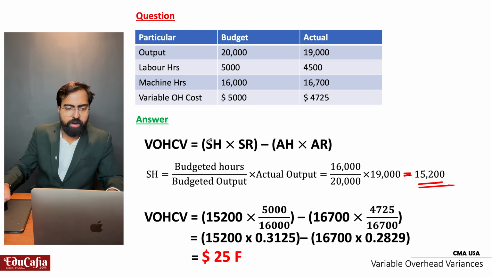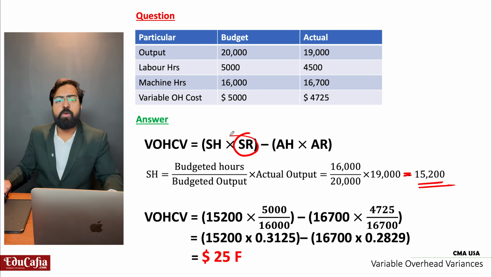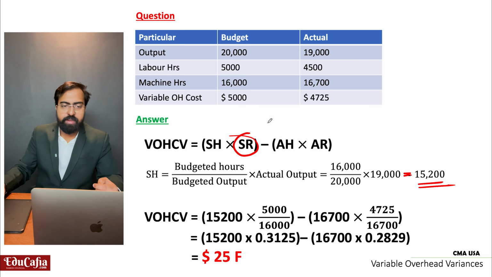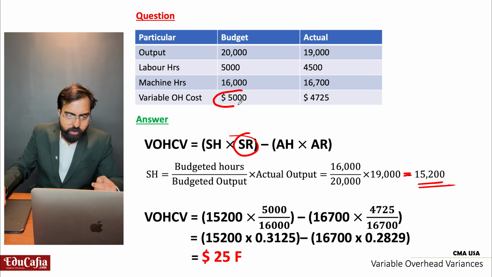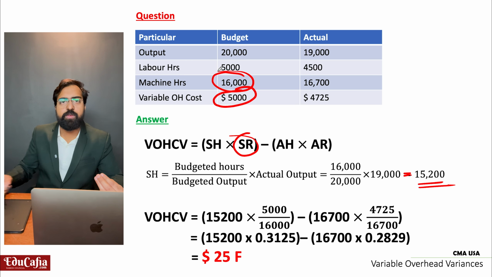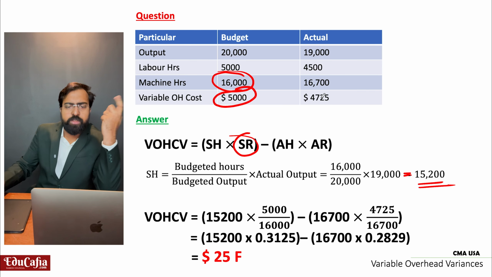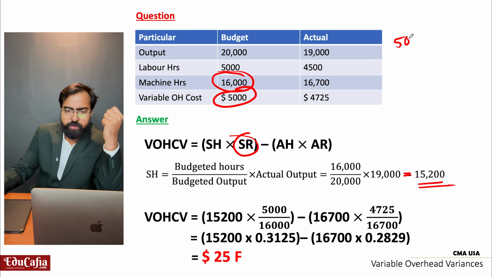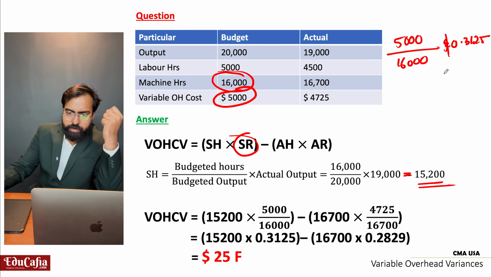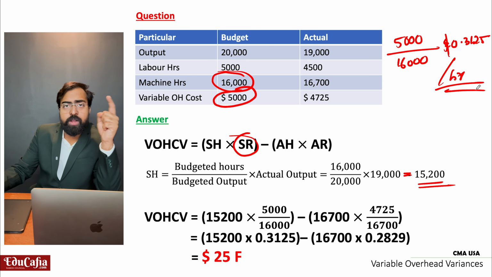Now we have to calculate SR, the standard rate. Here you can see $5,000 for 16,000 hours. So per hour how much? It's very easy: 5,000 divided by 16,000 is equal to $0.3125 per hour.